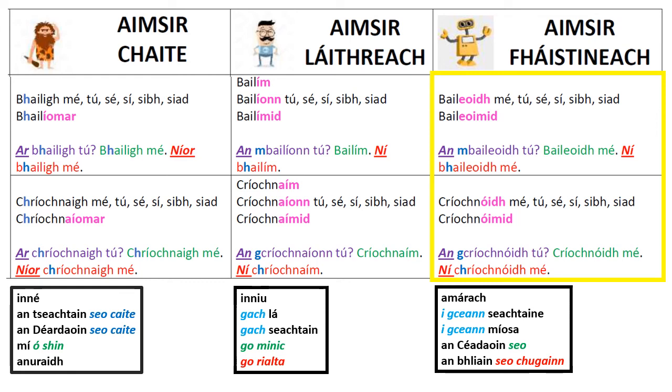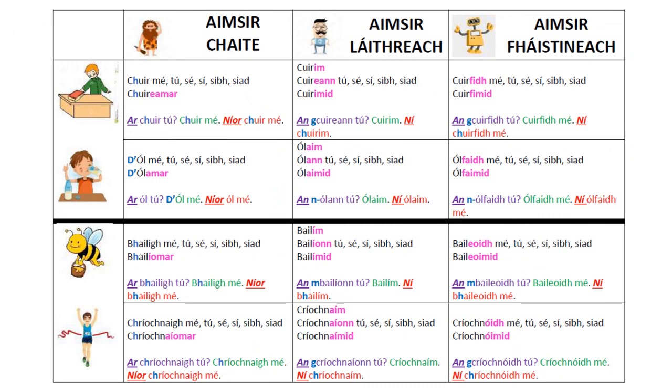Okay, so there's a lot of information here. Now let's look at them all together. If we look at all of our past tenses together, all of our aimsir kachas, we can see the same thing over and over again. We use a H. We use amur or eamur for we.